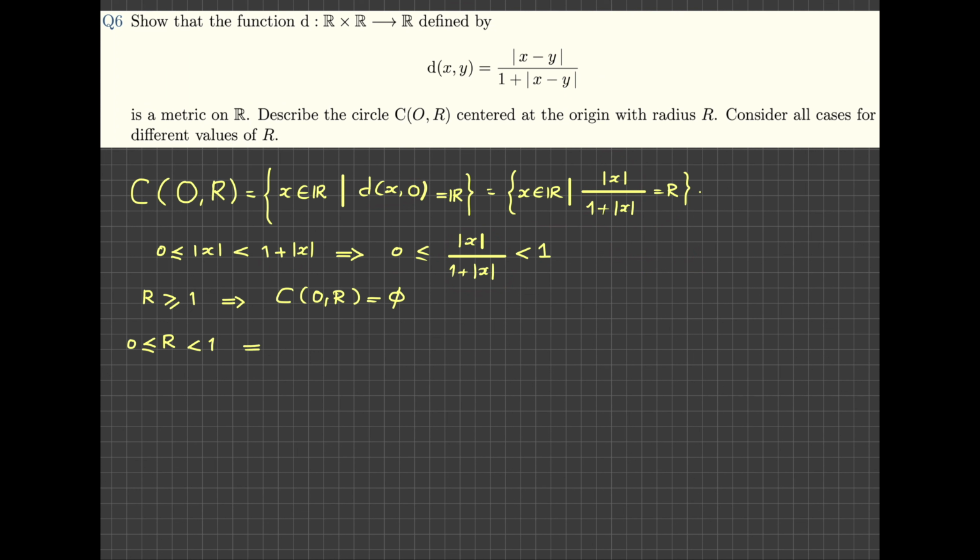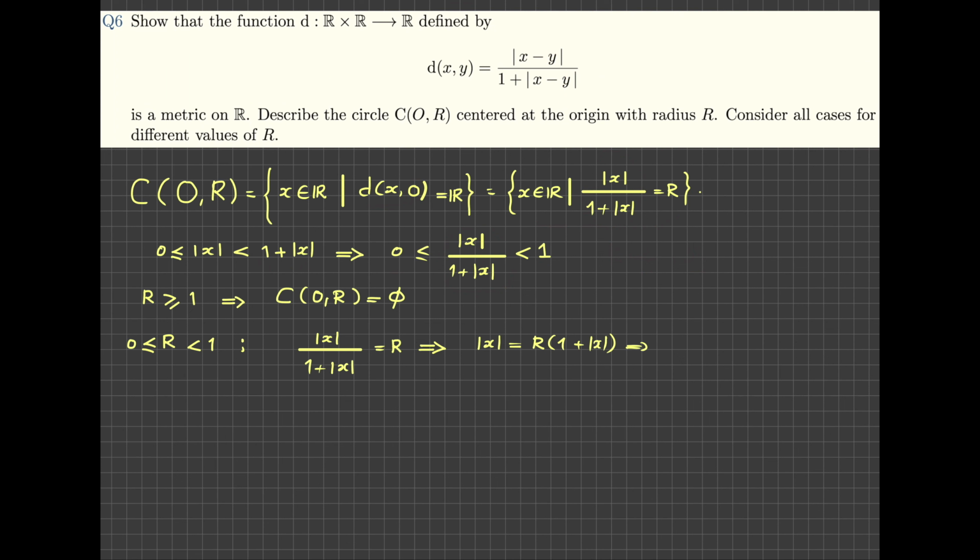Then in that case, the absolute value of x over 1 plus the absolute value of x is equal to R. Let me look for possible values for x. This becomes absolute value of x is equal to R times 1 plus the absolute value of x.